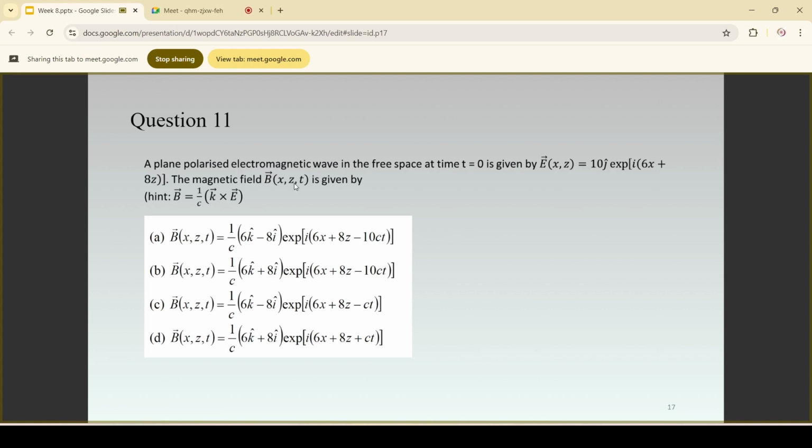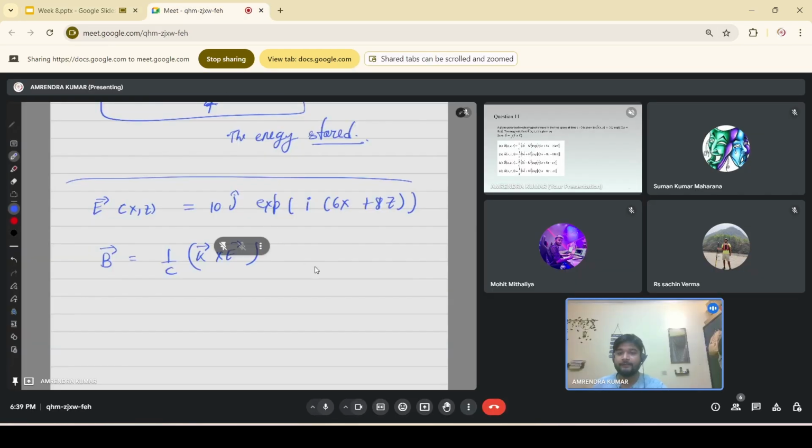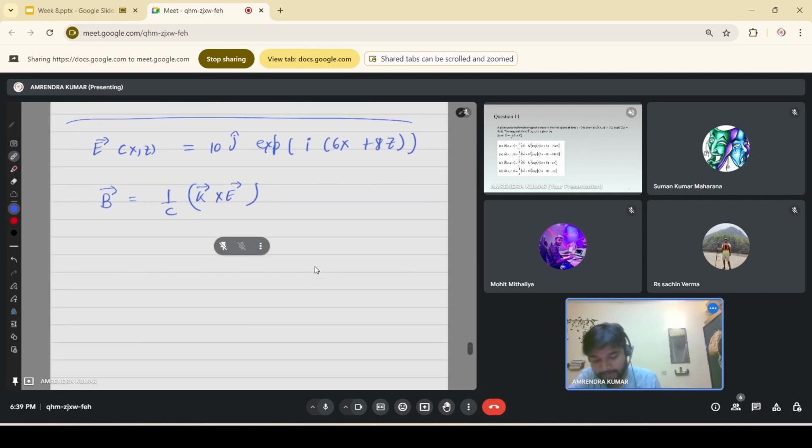We know that B is nothing but, in vacuum, 1 over c k cross E, as we have seen earlier. So let's derive this. First we have to compare this electric field with E of x, y, z is equal to E naught vector times exponential of i into k dot r minus omega t. But at t equal to 0, there's no need to put that term; the phase is just k dot r.